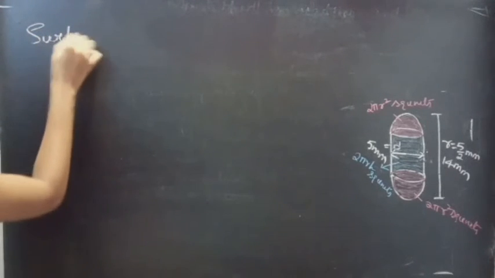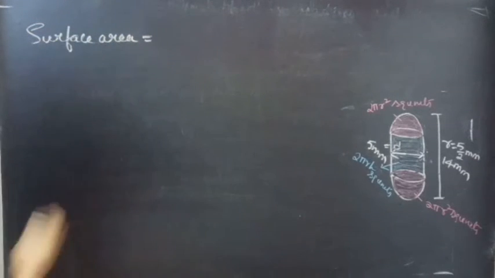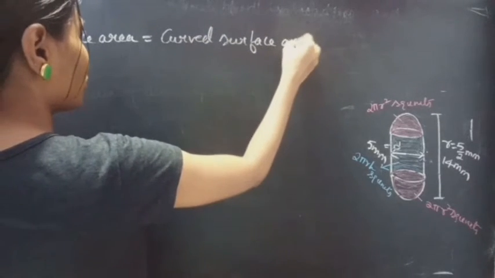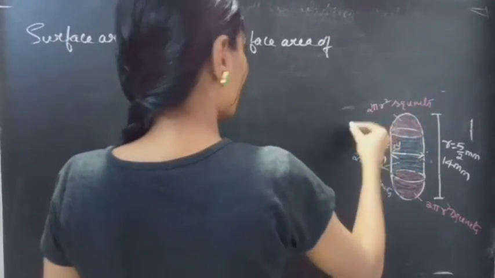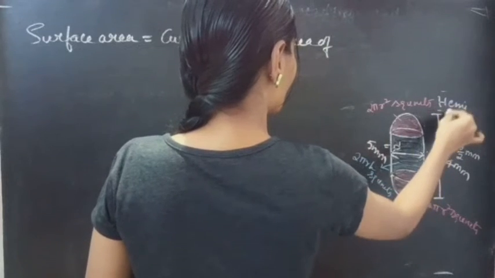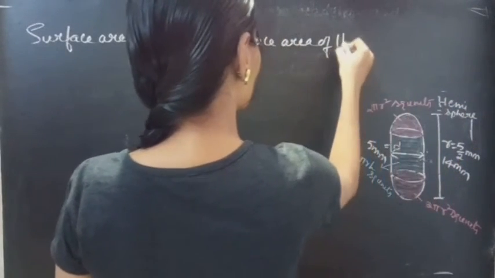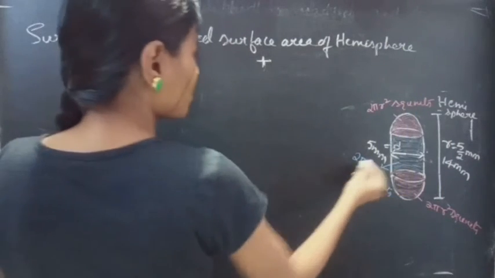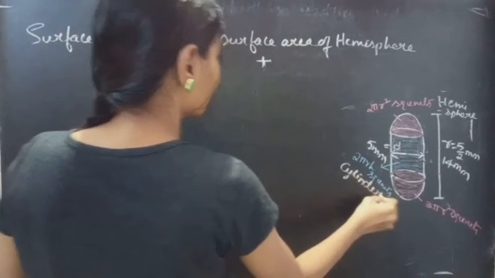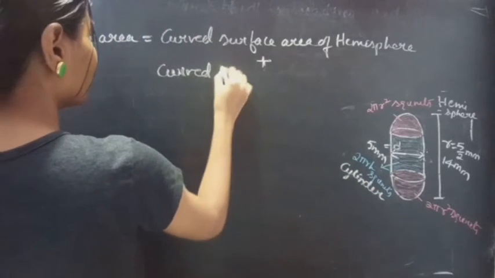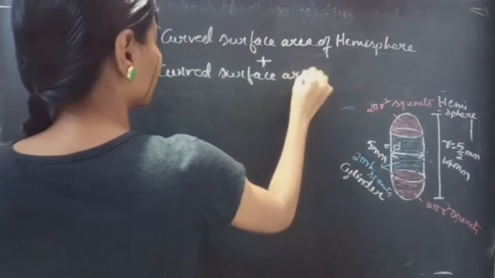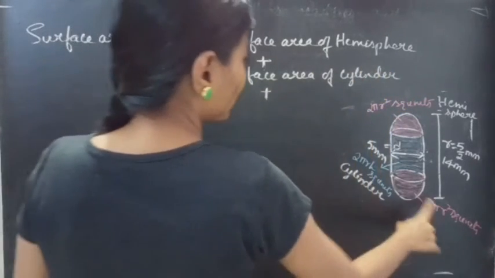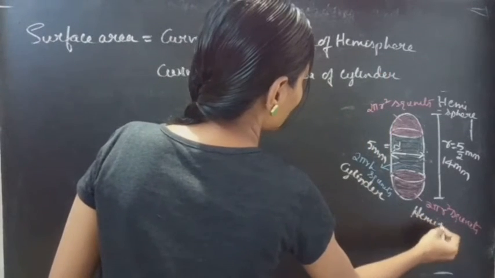Surface area is equal to curved surface area of hemisphere plus curved surface area of cylinder plus curved surface area of hemisphere on the other end.